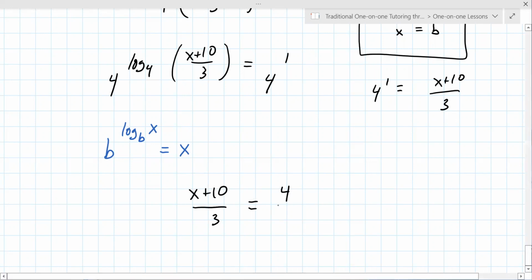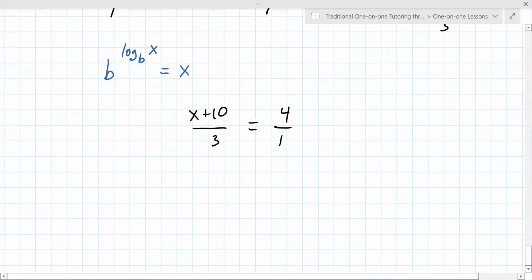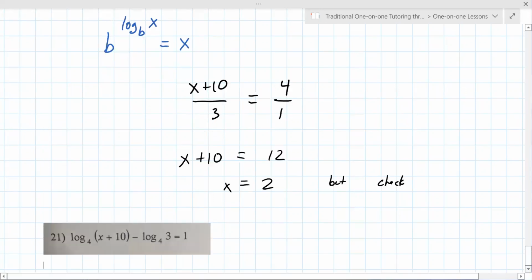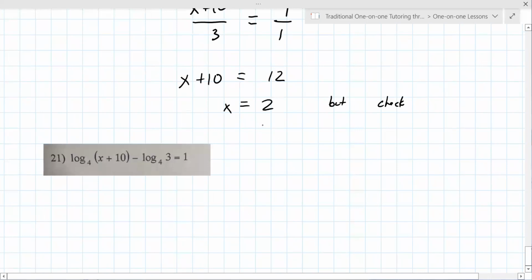You just multiply by 3. So we solve this equation: multiply both sides by 3, you get x plus 10 equals 12, subtract 10, x equals 2. But you need to check. So you go back to the original and put that 2 in for x. There's just one x there.